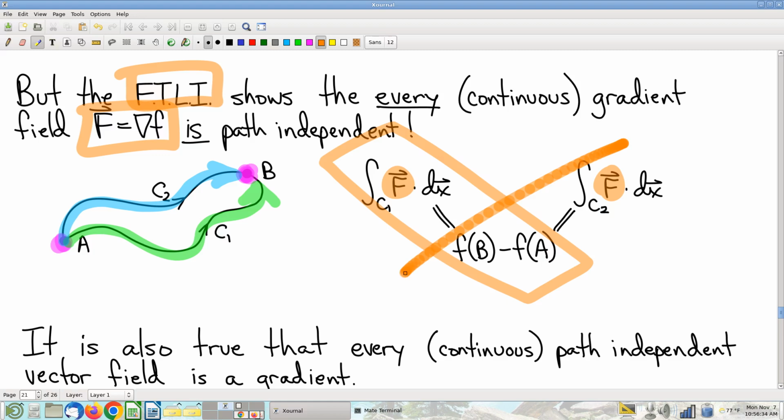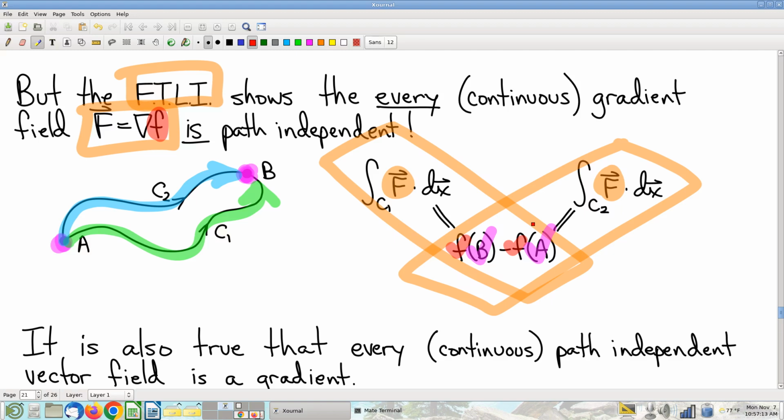And I can compute this line integral by looking only at the endpoints, f of b minus f of a. We've got the same a and b. And this vector field, whatever its anti-gradient is, it is what it is. Same in both calculations. And so because of the fundamental theorem of line integrals, these two integrals are both equal to the same other thing, and therefore they're equal to each other.